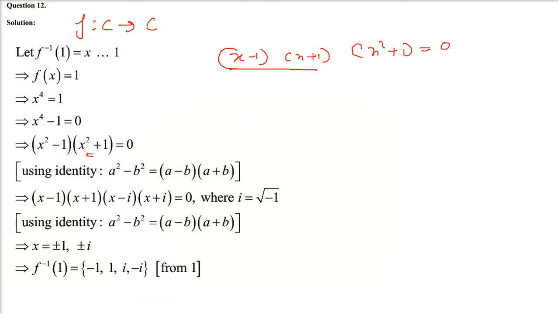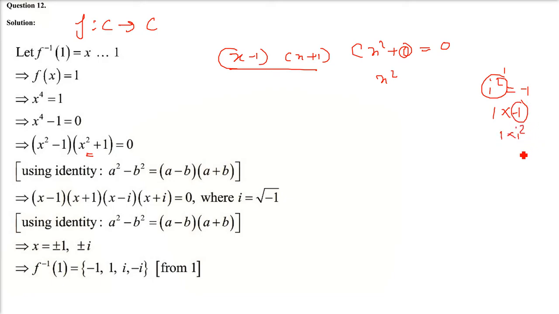But here x square plus 1 can be written as, see, i square is equal to minus 1. So when you include i square here, that is minus 1, you have to include a negative also. So you can write this 1 as 1 into minus 1, I am introducing minus 1 now. So in place of minus 1, I am putting i square, so this is 1 into i square.